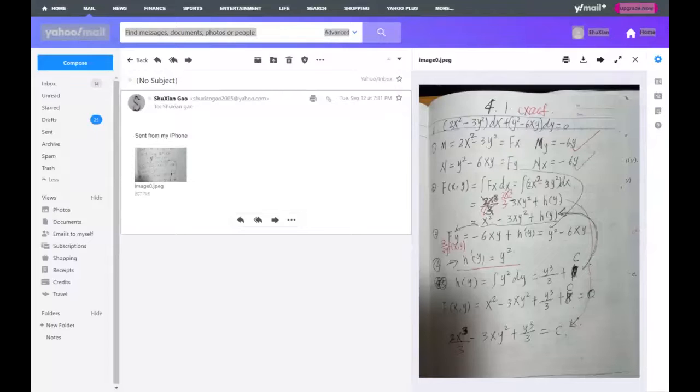The professor says f(x,y) can be equal to a constant. So that's why the potential equation is 2x cubed over 3 minus 3xy squared plus y cubed over 3 equals c. That's the general solution.